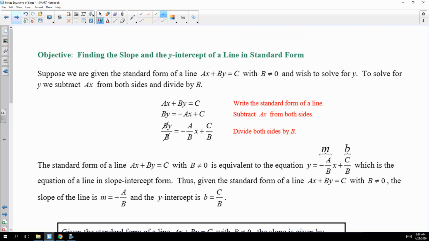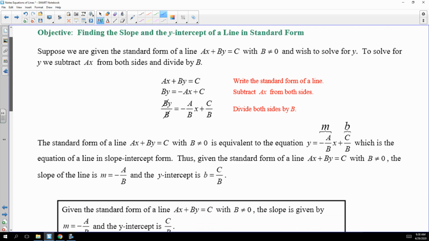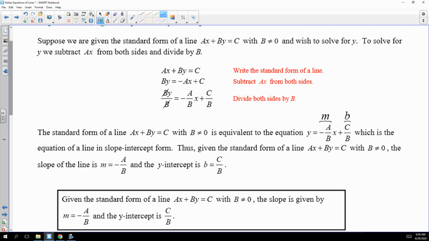Okay, so you can get the slope and the y-intercept of a line from standard form if you just solve standard form to get it into slope-intercept form. So this whole paragraph is going to take you through what that looks like. Recall that this is standard form. If we subtract ax, then we're going to get by equals negative ax plus c, and then we would divide everything through by b.